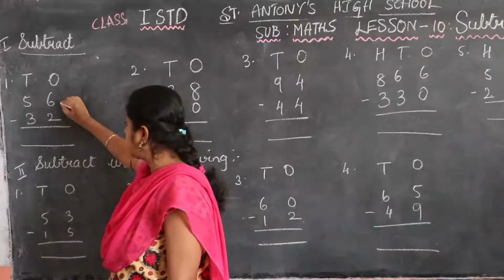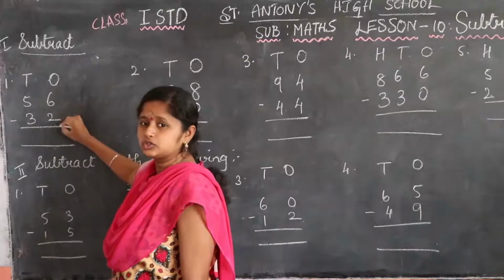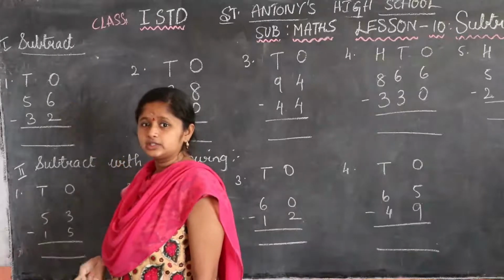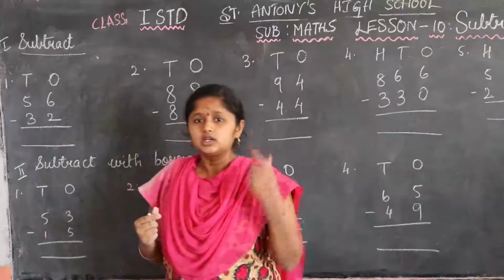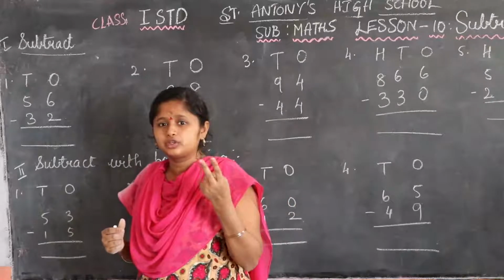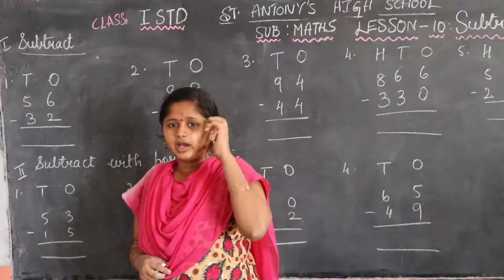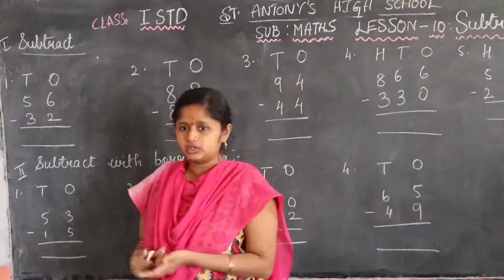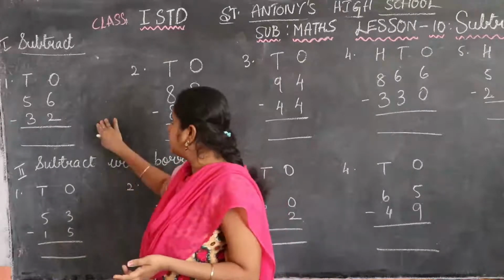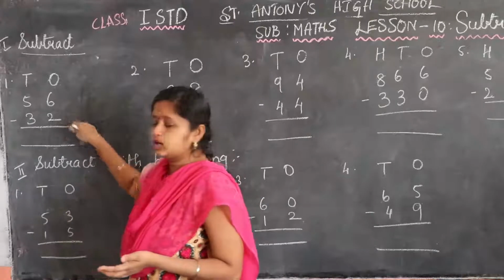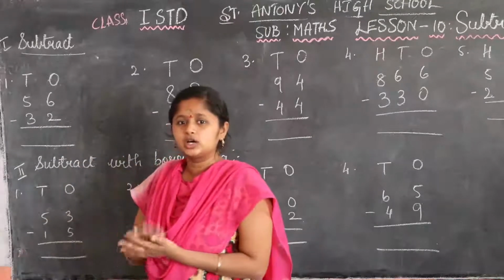Okay, 6 minus 2. So 6 minus 2, how much, children? For addition, what we used to say, 6 in the mind, 2 on the finger. Always we take the bigger number, 6, in the mind and the smaller number on our finger. But now here we have to take away the numbers. We have to reduce the numbers.